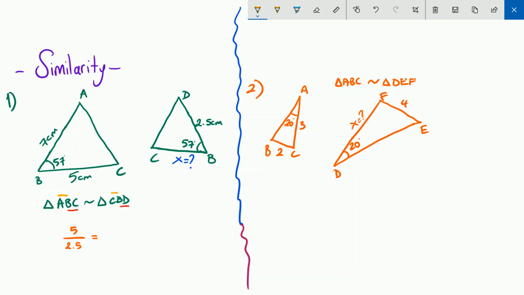We are going to write the big triangle on the top part, and the relatively small triangle in the bottom part. So top part, big triangle, is 7 centimeters, and bottom part, small triangle, is X.